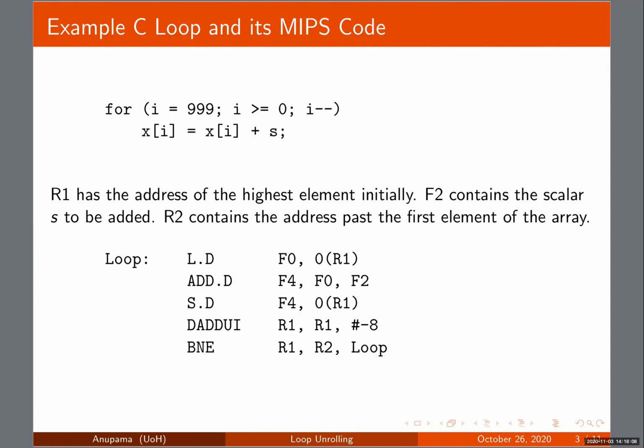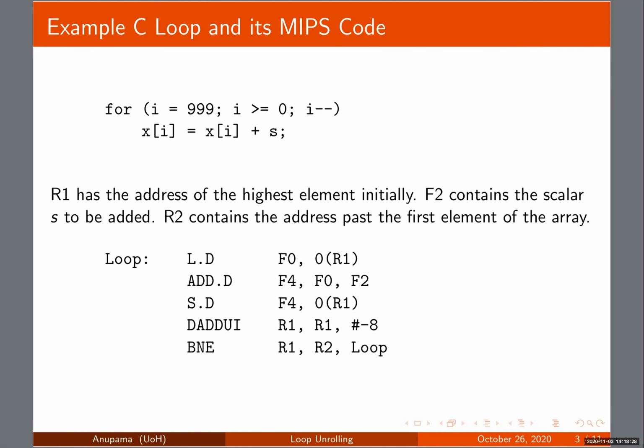So you load the last element of the array into F0, add F2 to F0 and store it in F4. And then you do the store instruction to store it back into the array.